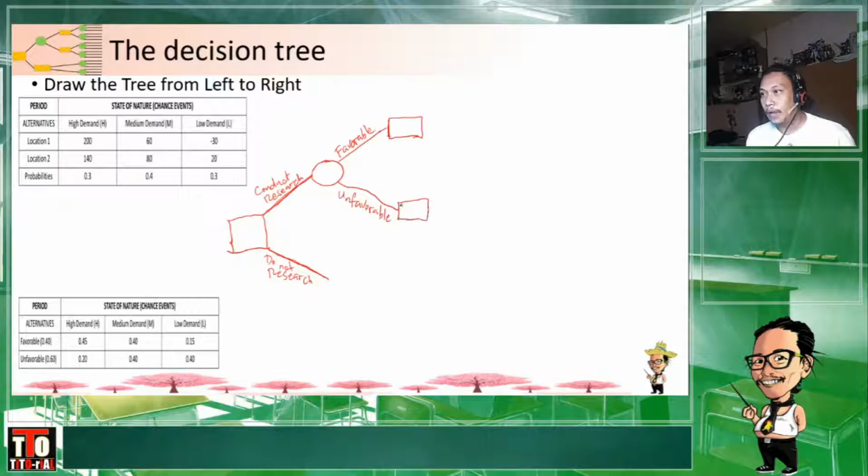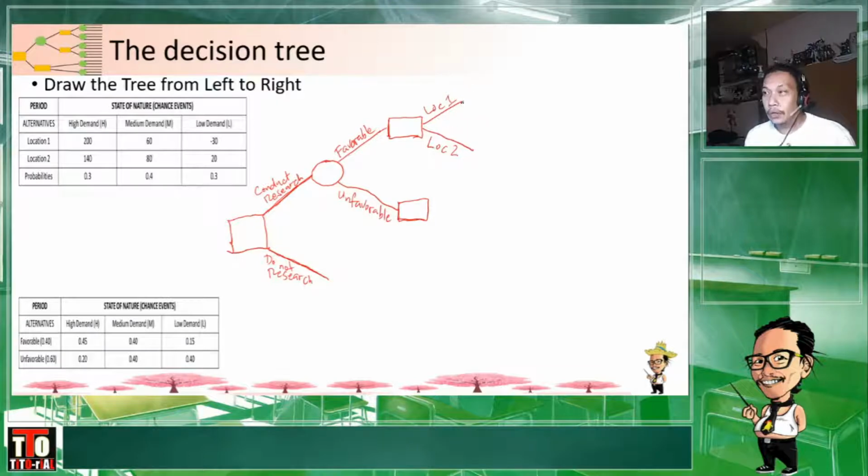Now, bakit kailangan ng decision node dyan? Remember, pinapipili tayo ng dalawang location. Okay? So, pwede dito na ito si location 1 natin and location 2. Okay, gets guys?